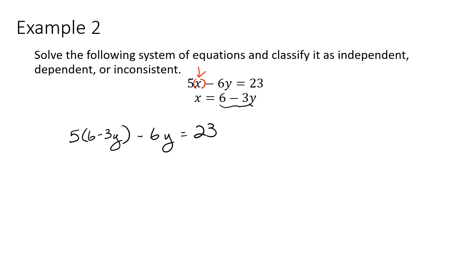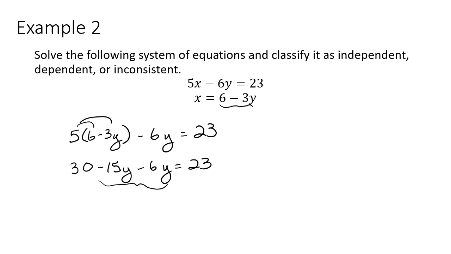Now I have an equation with just one variable y, which I'm going to solve for. So I'm going to multiply everything out, combine like terms, solve for y. All right, so on the left-hand side, we've got a minus 15y minus 6y.